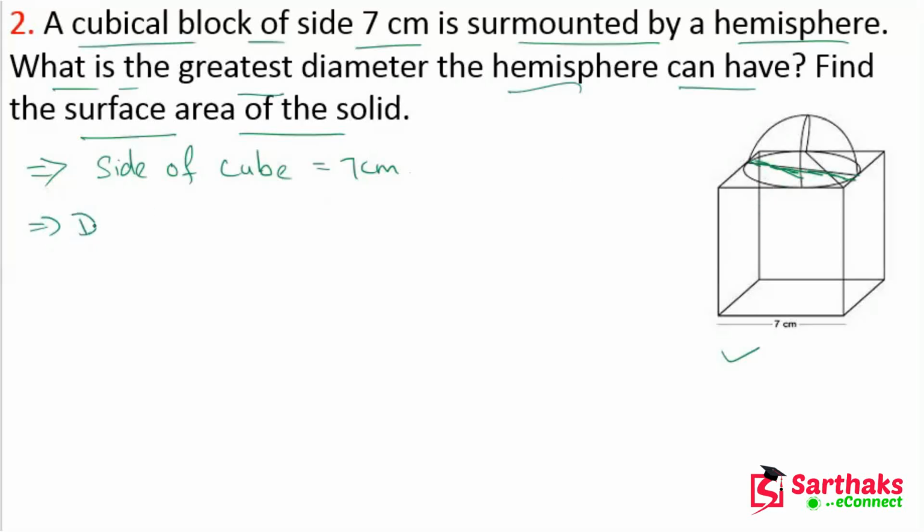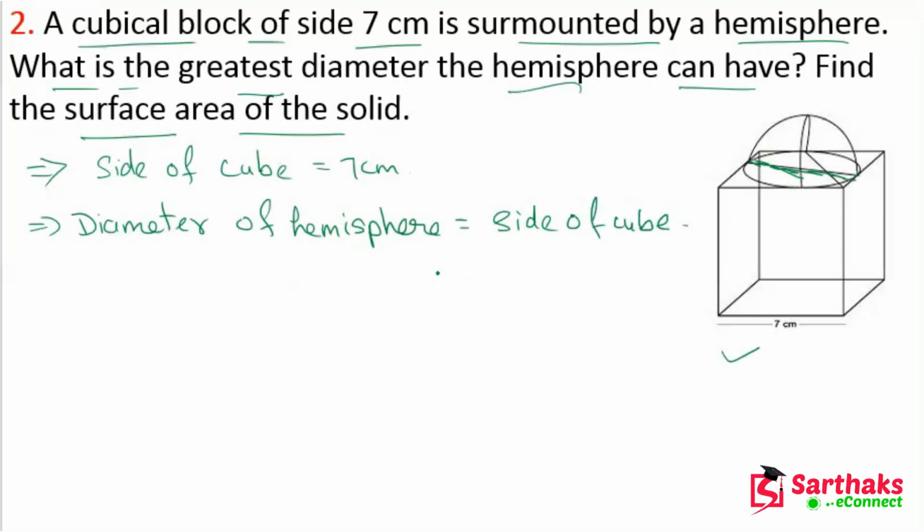So the diameter of the hemisphere is equal to the side of the cube. The side of the cube is 7 centimeter, so the diameter is 7 centimeter. So from this, the radius will be 7 upon 2 centimeter.